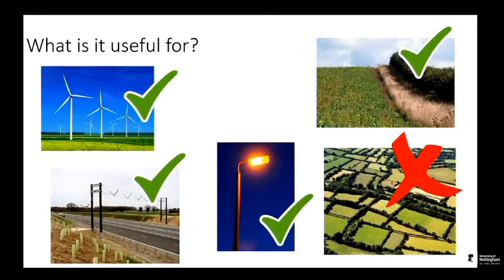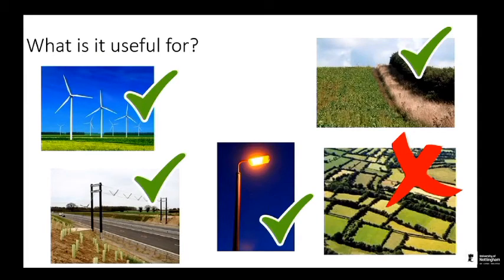So, just quickly have a look at applications. I think it's best for looking at very high resolution things such as infrastructure: roads, bridges, tunnels, gantries, that sort of thing, wind turbines, street lighting. Also, perhaps if you want to look at flight paths, for example down a hedgerow, if you want to know which direction something is flying in, then a single interferometer will be able to tell you that.